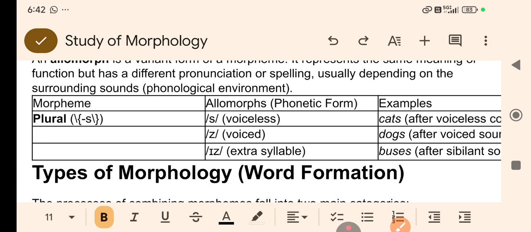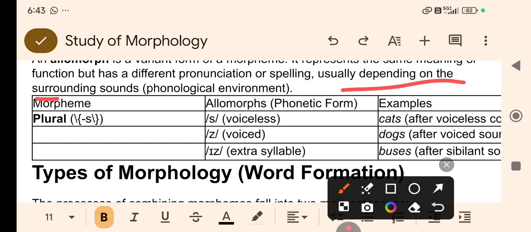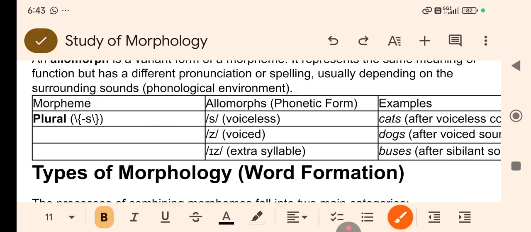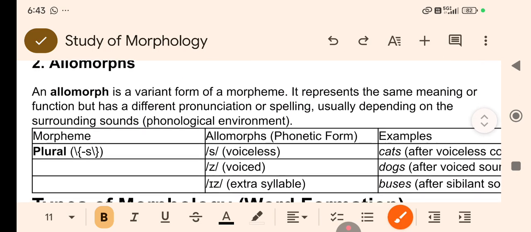Sometimes spelling changes, sometimes pronunciation changes, but the meaning does not change, usually depending on the surrounding sounds, like the surrounding phonemes. Here also it depends on the surrounding sounds, the phonological environment.